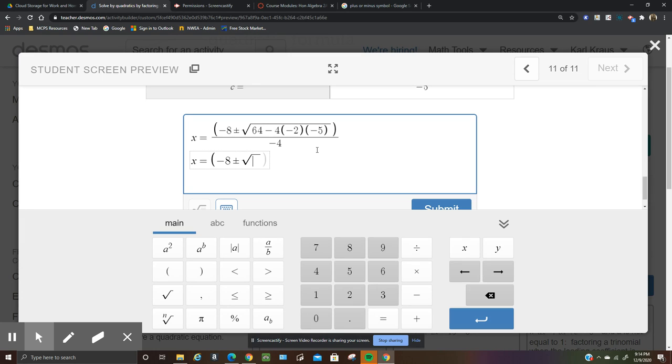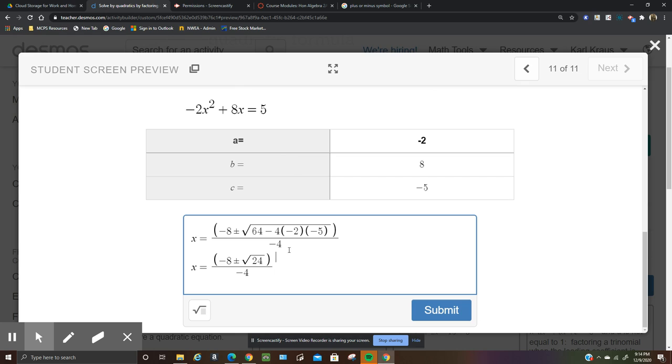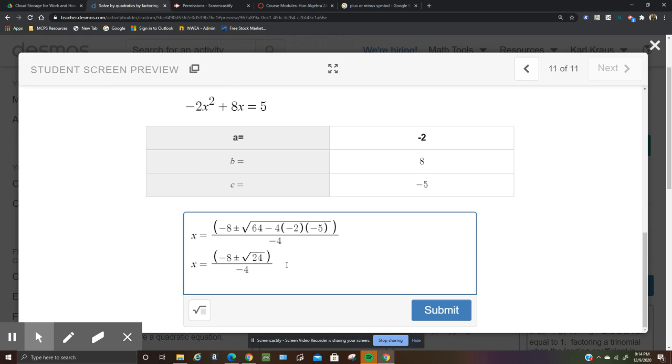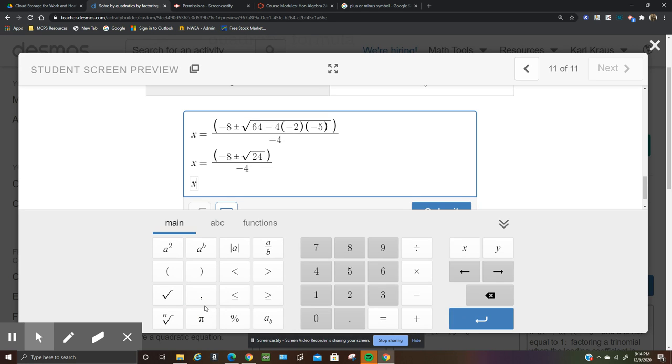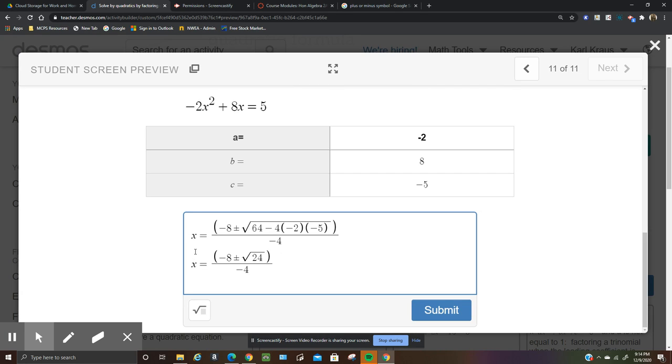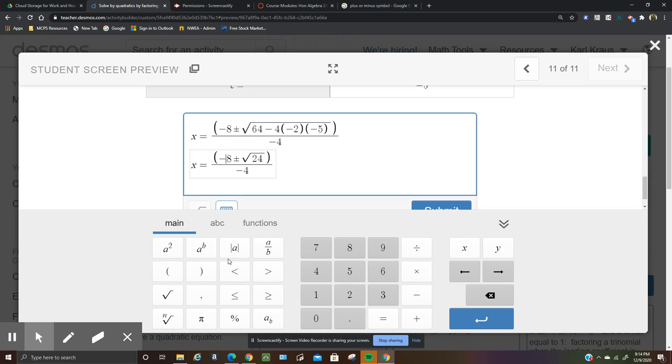So 64 minus 40 is 24. Let's just take the negatives off here in the parentheses.